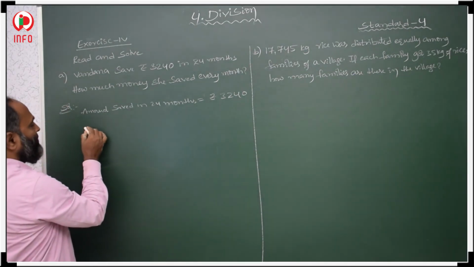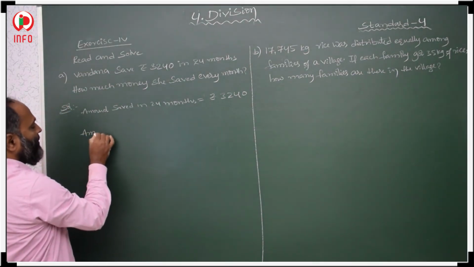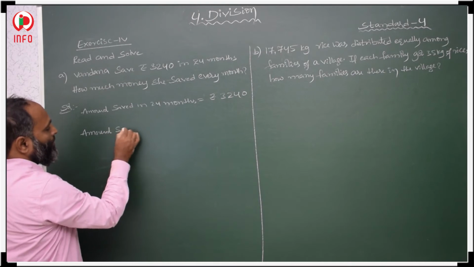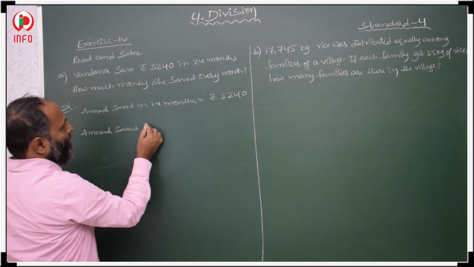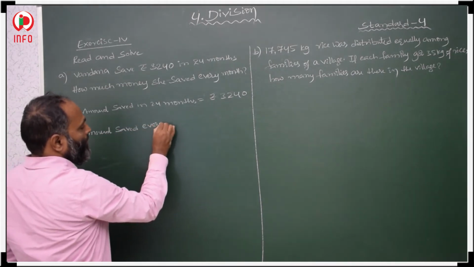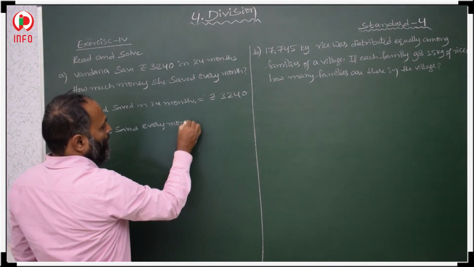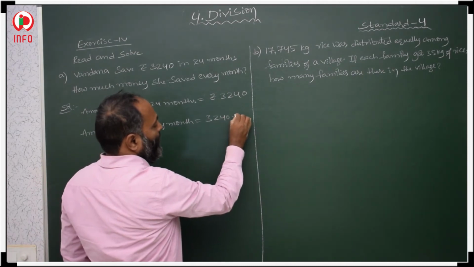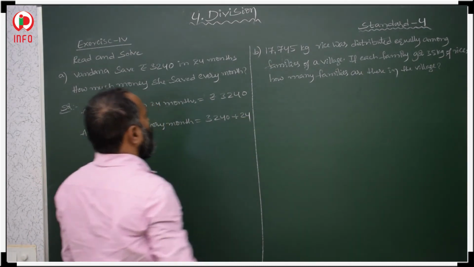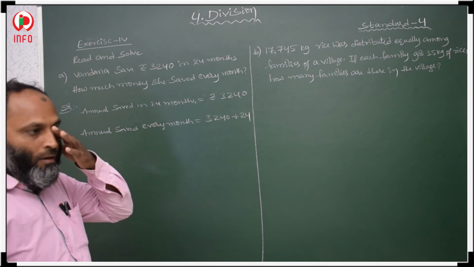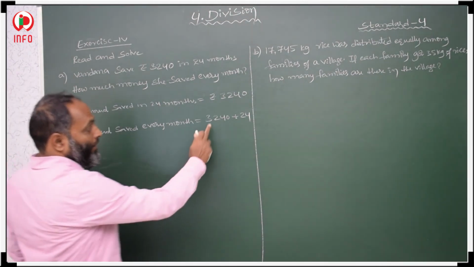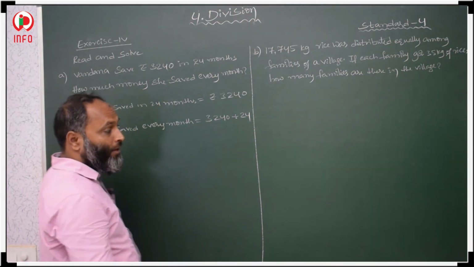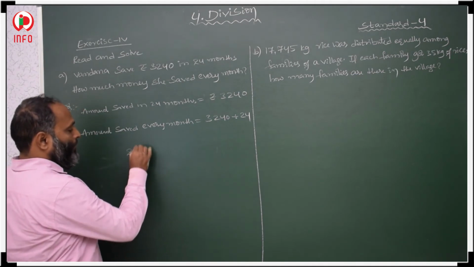Therefore amount saved every month is equal to 3,240 divided by 24.